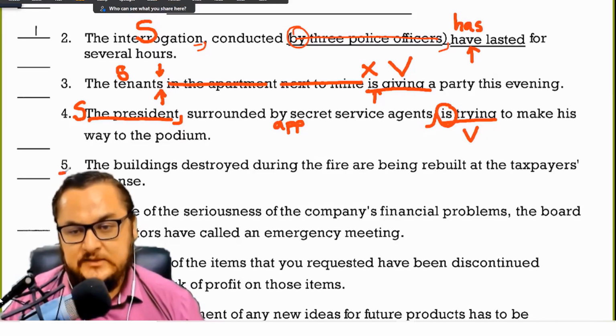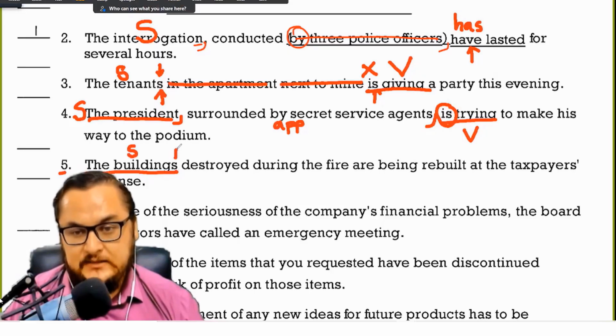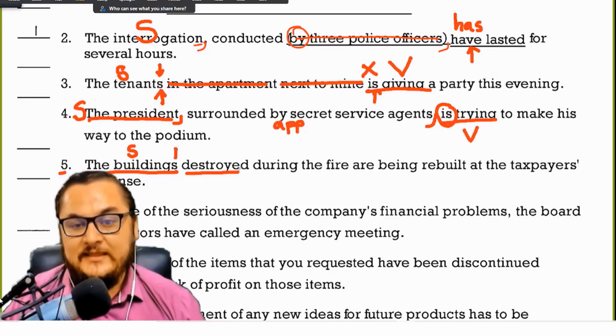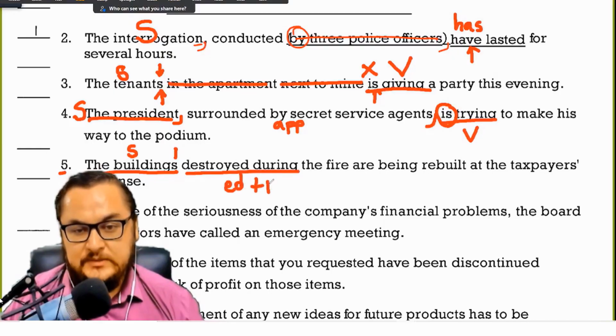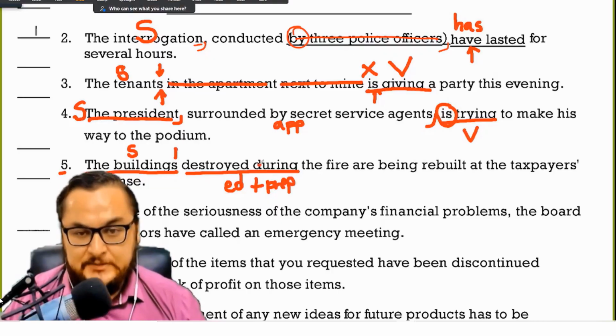We observe the following sentence. We realize that this would be the subject of the sentence. It is plural. This would be an adjective. Then I have a verb in its past form plus a preposition. During is still a preposition.